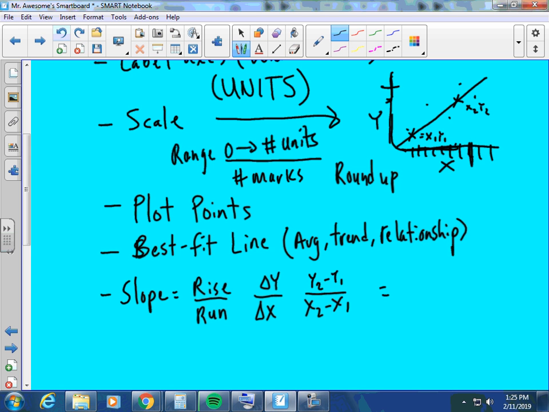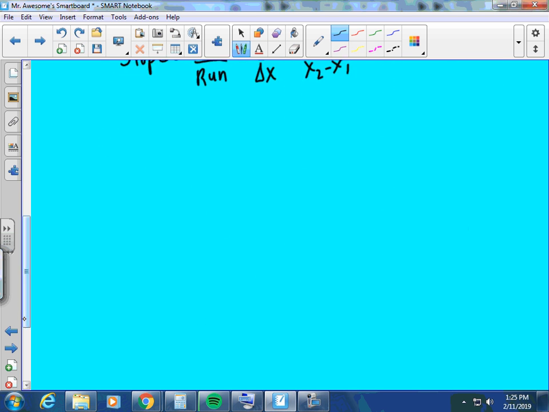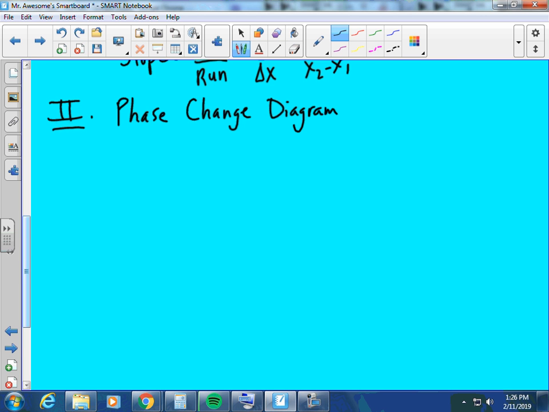So that's part one. Part two of the quiz is going to be a phase change diagram. And what you're going to get is just something like this.